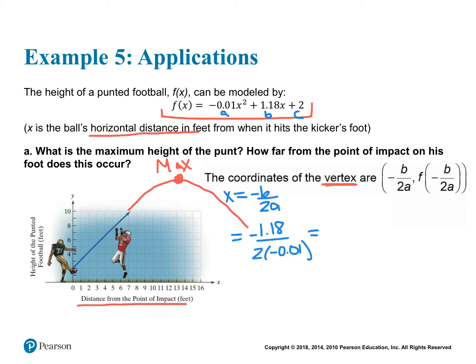So you end up getting a positive 59 after you plug this into the calculator. Okay, so now if we know the x, we're going to try to find what is f of 59. So if I replace all the x's with 59, what am I going to get? So here's my formula. Replace all my x's with 59.